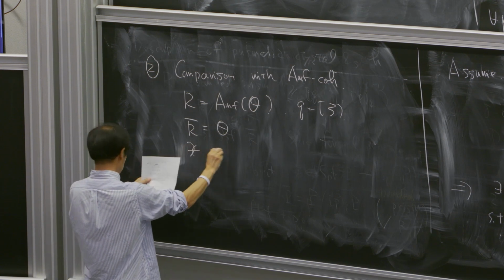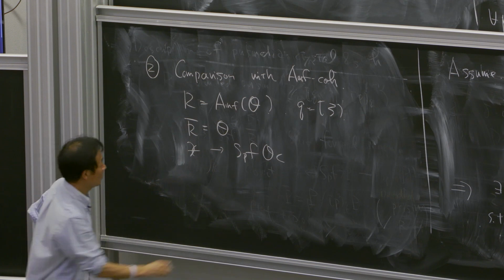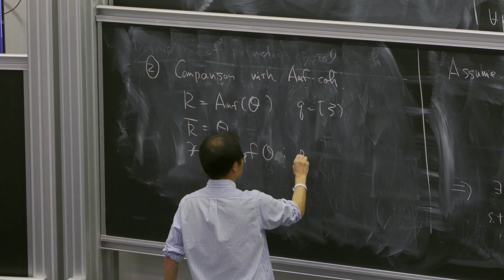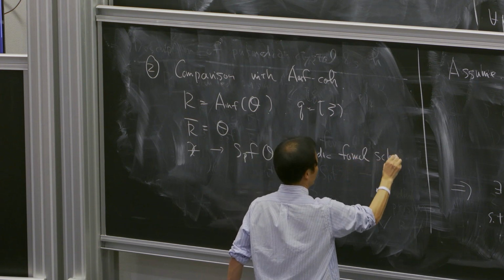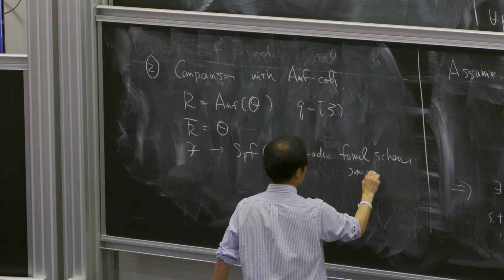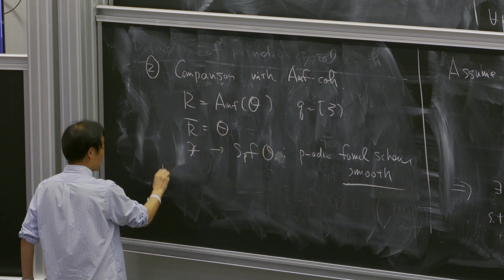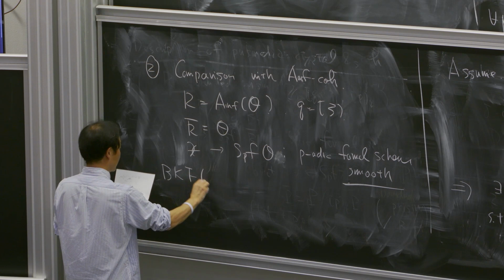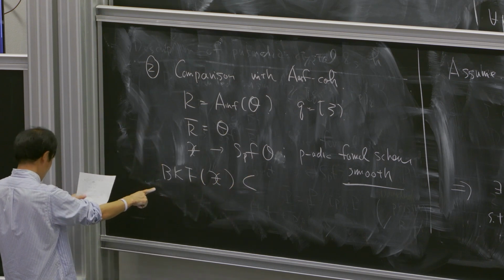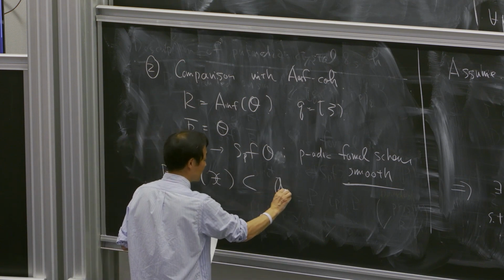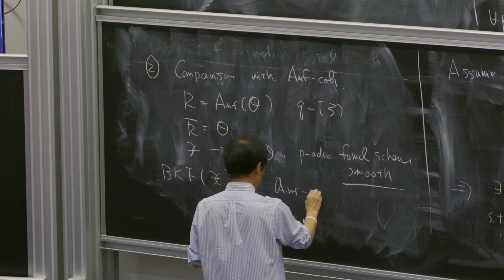And so we consider a p-adic formal scheme over O, and we assume that this is smooth. And then we have a relative BKF module, which lies in the category of A inf.